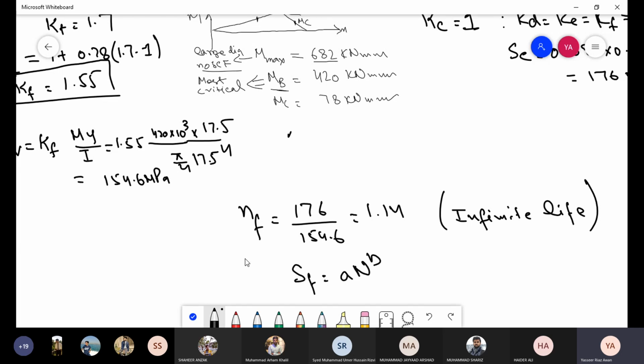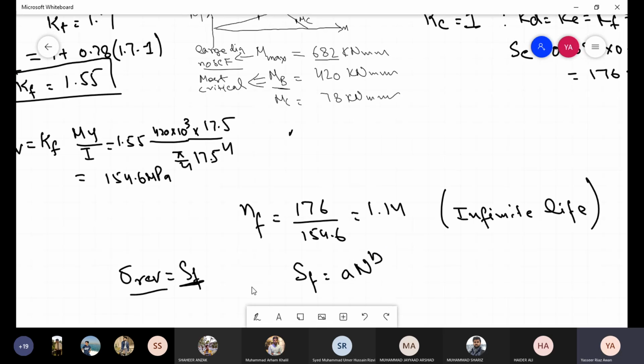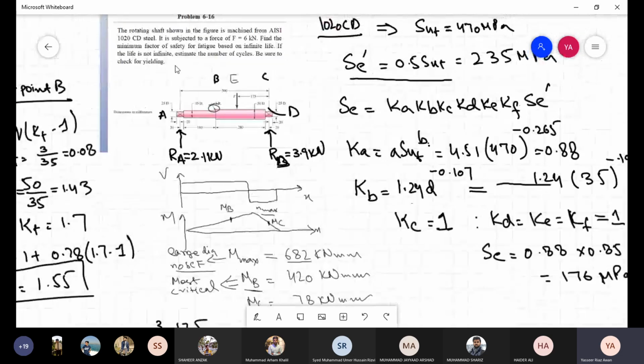Then we can use sigma reversible equal to Sf, the fatigue strength for that sigma reversible, and that would give you the number of cycles.